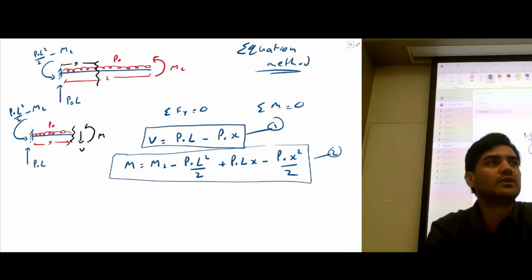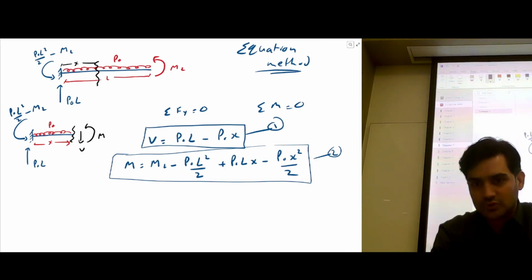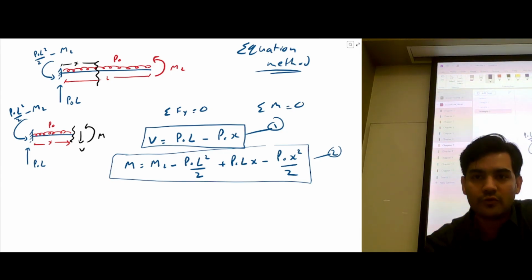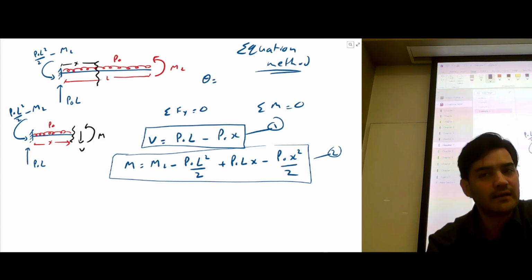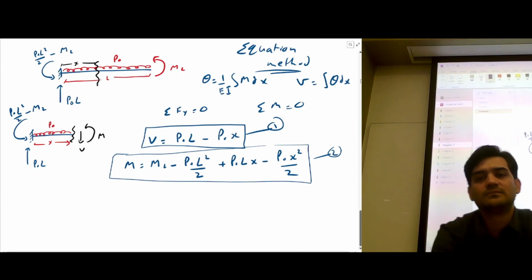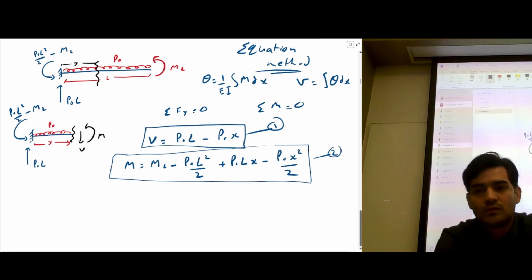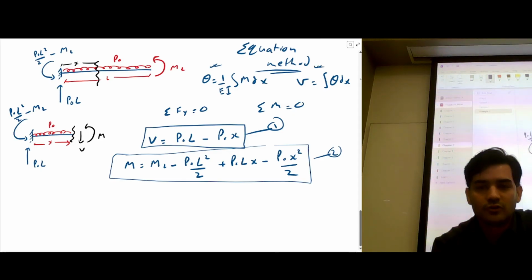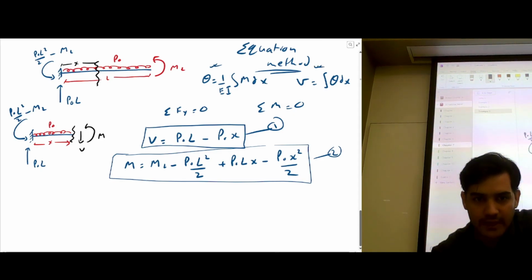Basically, I've just used equilibrium equations to come up with this. And we also know if we want to calculate bending angle, that is 1 over EI and integration of moment, right? And if we want to calculate displacement, that is integration of bending angle. We have used these equations before, so I'm just gonna write the final answer.